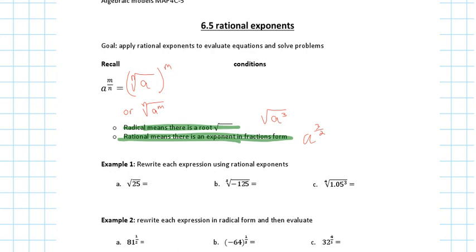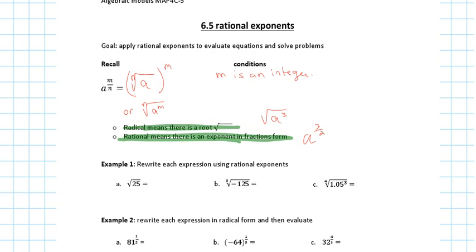Now, m and n, they have to be whole numbers, right? M has to be a whole number, n has to be a whole number. All right, but there are some conditions for n. So n is an integer. An integer means a whole number. Okay?